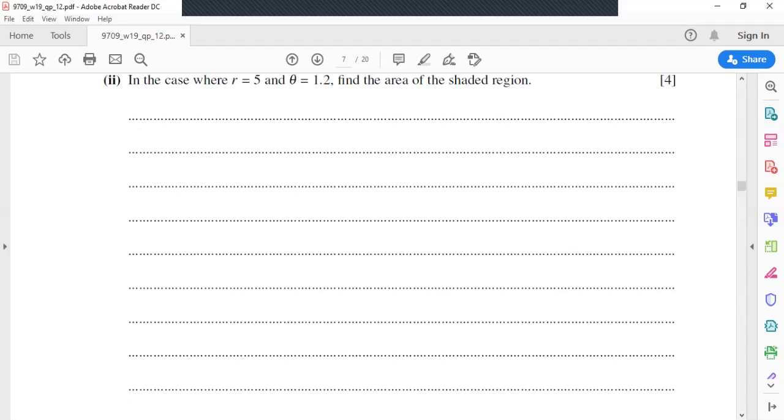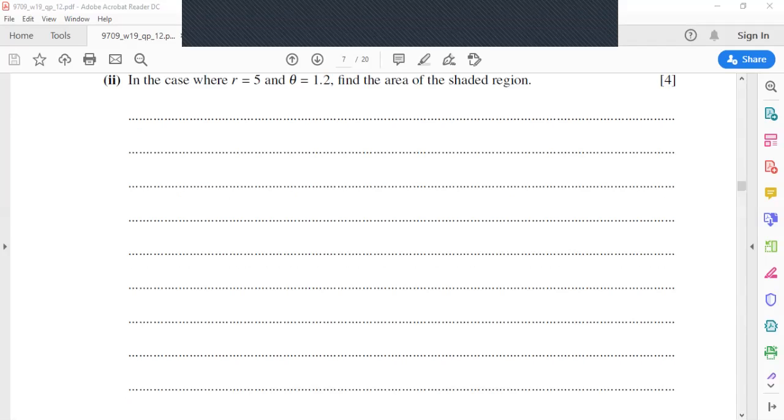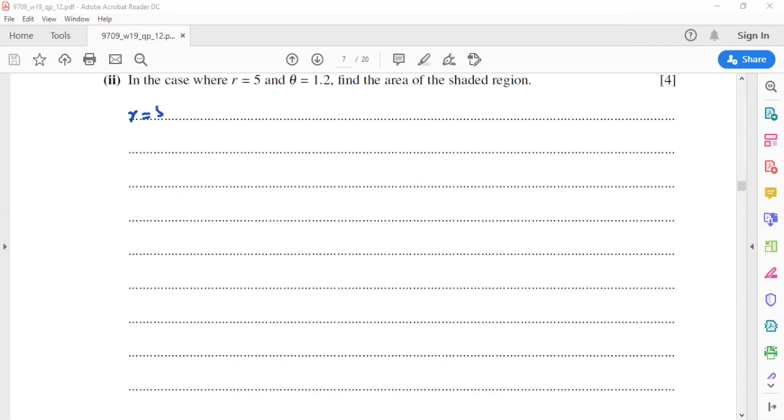So since r is equal to 5, and the height AT we have found equal to r tan theta. So 5 tan 1.2 will help us to find out the area of the whole triangle.